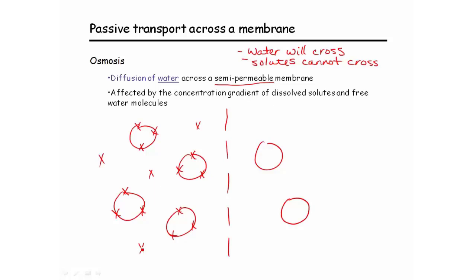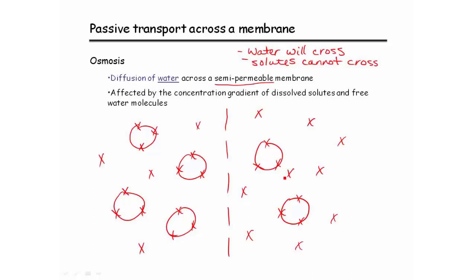On the other side I also have solute, albeit a different concentration of solute, a lot less. On this side, because I do have less solute, I actually have more water that's floating around that is not bound to the solute.